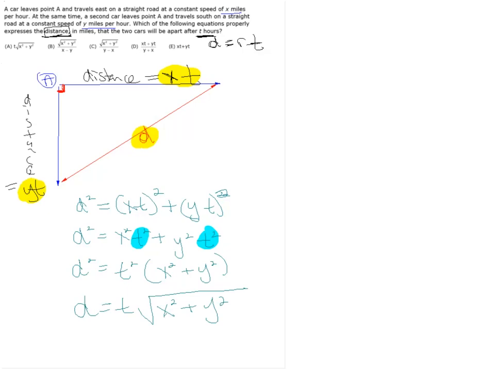Now, before we summarize the problem, students always ask why the t squared became t, but the rest became just what it was before, under the radical. I'll do it over here to the side in pink. What you did is you took the square root of the entire equation.